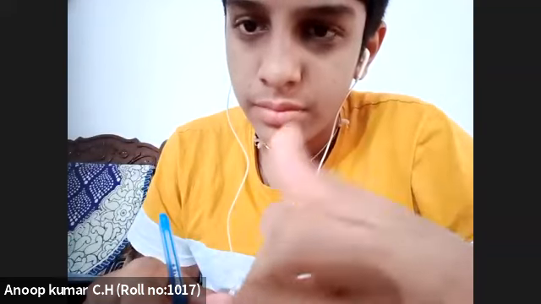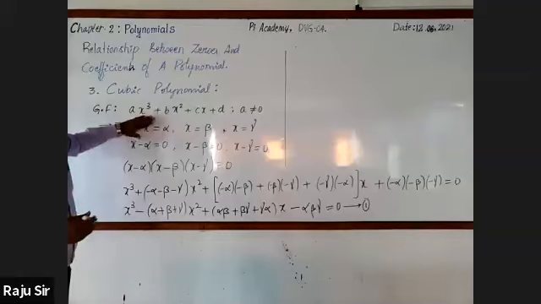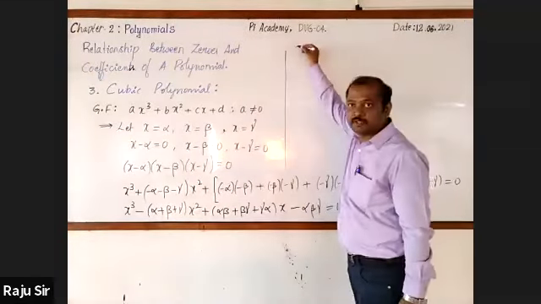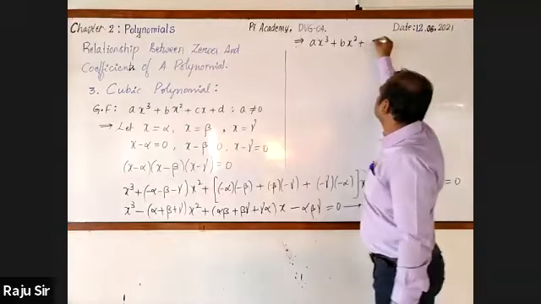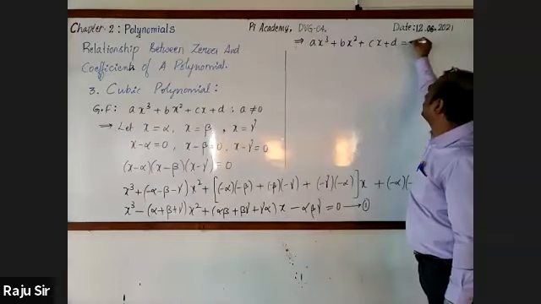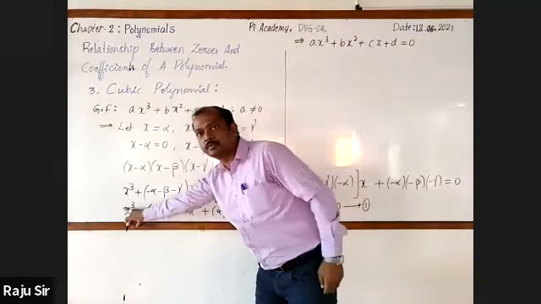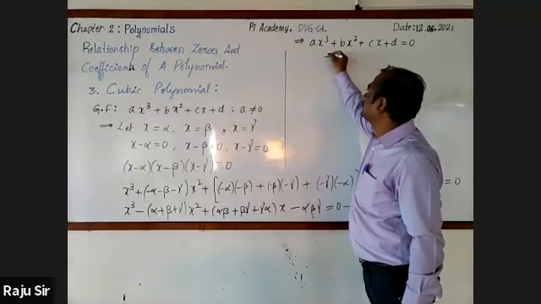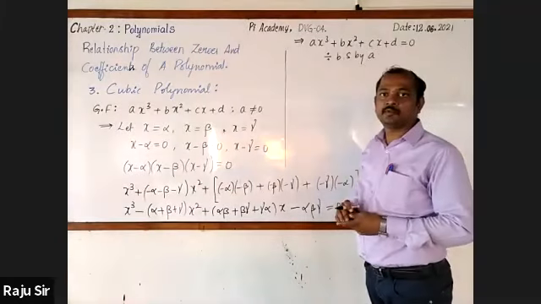Okay. Now we got equation 1. Let me go for taking the general form of cubic polynomial. Please write with me. It is ax cube plus bx square plus cx plus d. Equate this to 0. Here, coefficient of x cube is 1. So to get the coefficient of x cube as 1, let us go for dividing both sides by a.